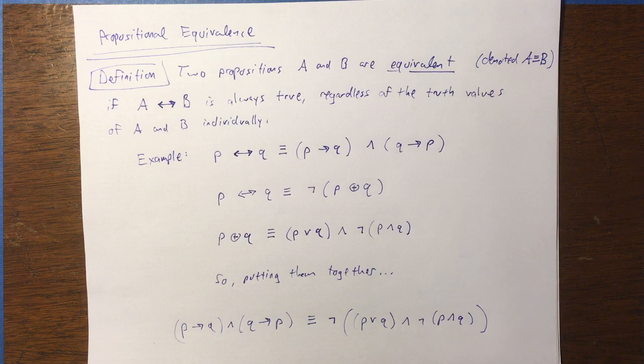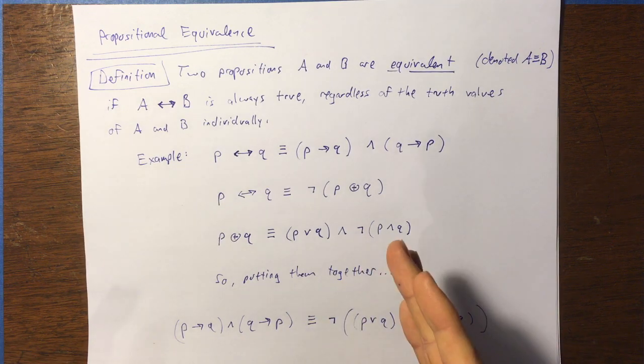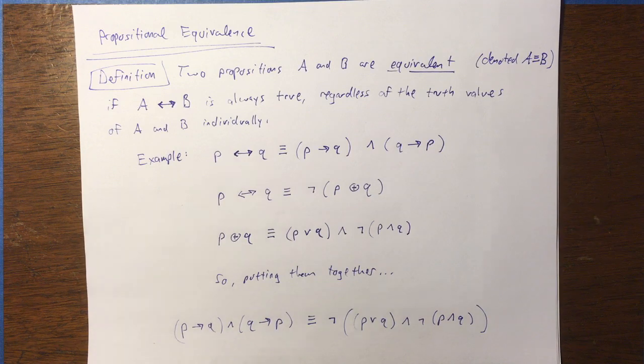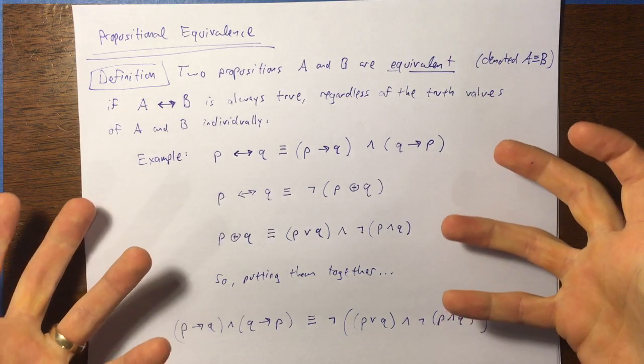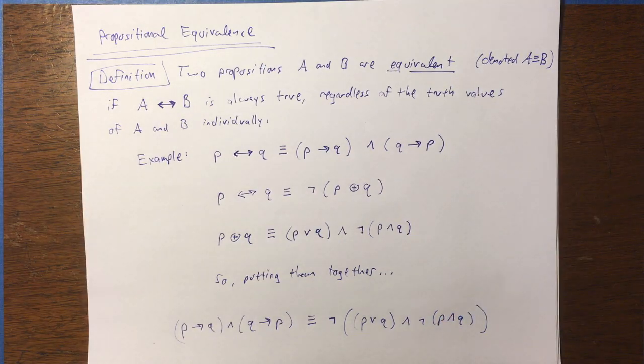And so the point I want to make here is just that the equivalence is what's called a transitive relation. You can say if A is equivalent to B and B is equivalent to C, then A is equivalent to C. And so you can use it to make substitutions, and from equivalences, you can combine them to make new equivalences. It's just like working with algebraic equations, pretty much.